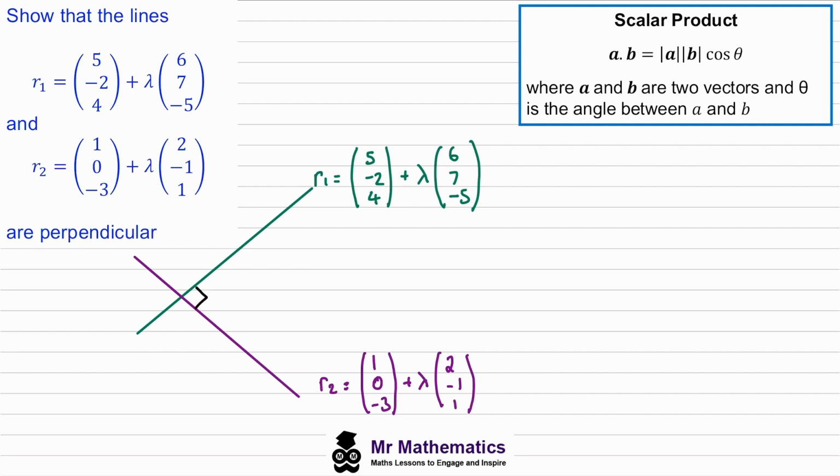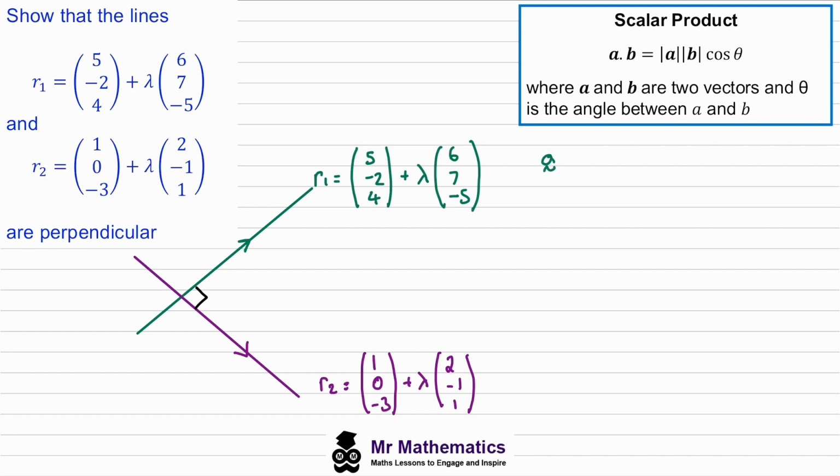And when we use the scalar product, the two vectors have to be moving away from this angle. And you can see it's the direction vector which is moving it away, not the position vector.